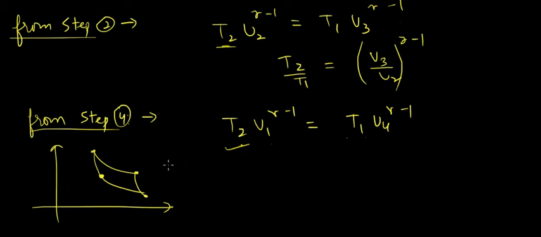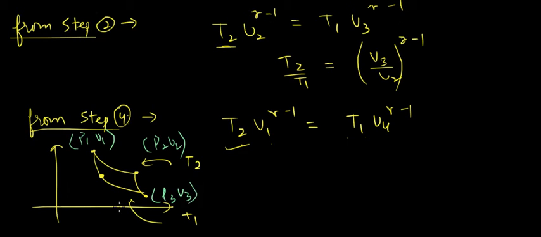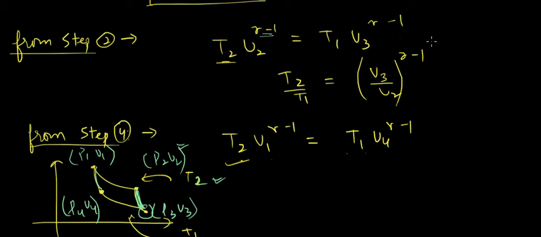So this was T2, this was T1, this was P1 V1, this was P2 V2, this point was P3 V3, and this point is P4 V4. Now across this adiabatic process we can write that T2 V2 to the power gamma minus 1 would be equal to, here temperature is T1, T1 V3 to the power gamma minus 1.